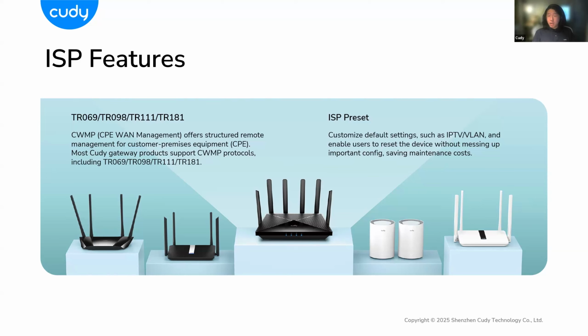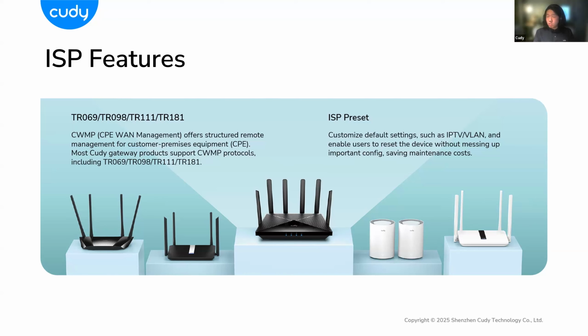For some ISP clients who don't have the ability to run such remote configuration services, we also provide a feature called ISP preset, on the right. It allows them to do bulk settings. They can set up like 100 devices at once with some very simple tools we provide, such as PPPoE passwords and IPTV setup, and burn them in as the default settings.